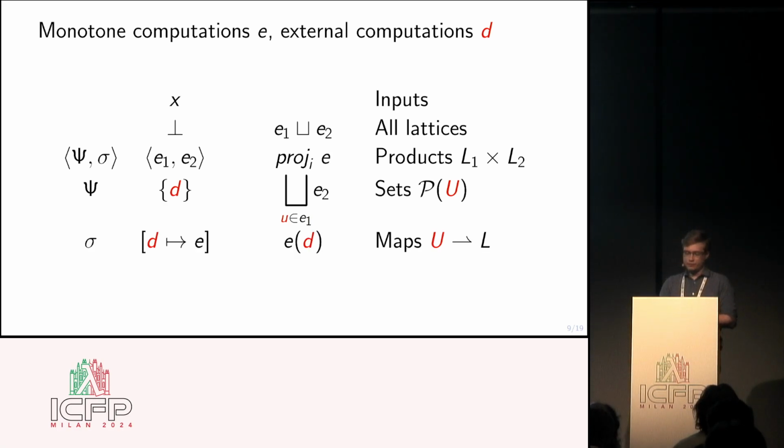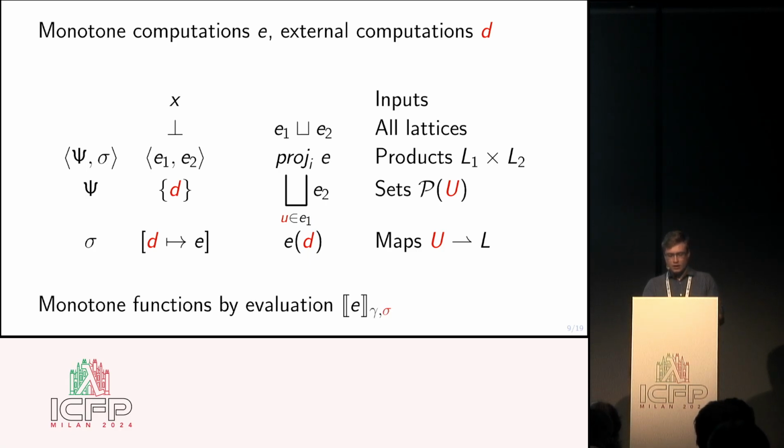Finally, we have a third type of lattice former called maps. This is like the store in the example. Similarly, the key and the value that you look up in the store are also external computations. And given one of these ASTs, you can just evaluate it by interpreting the syntax as the actual function.